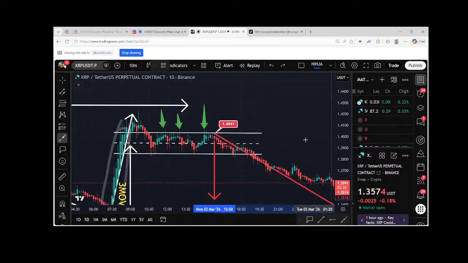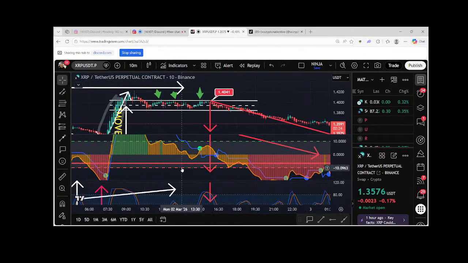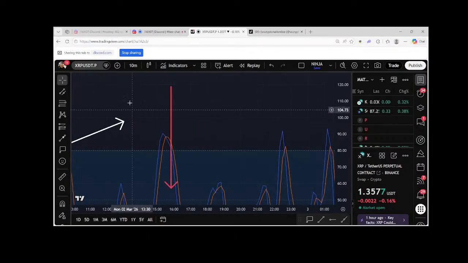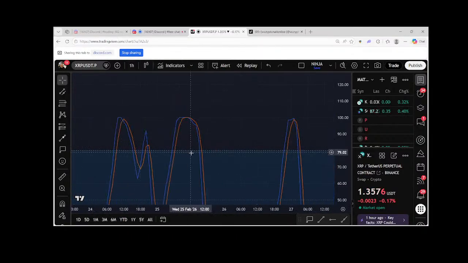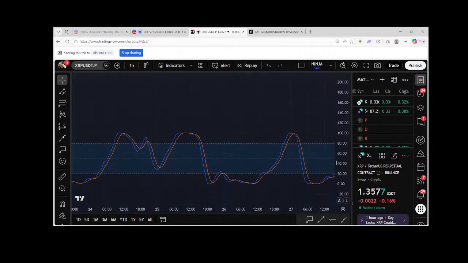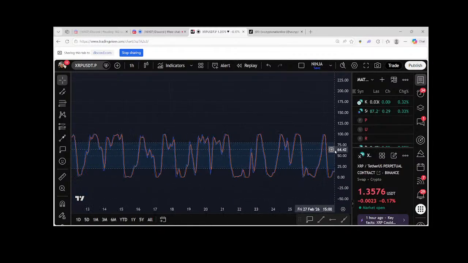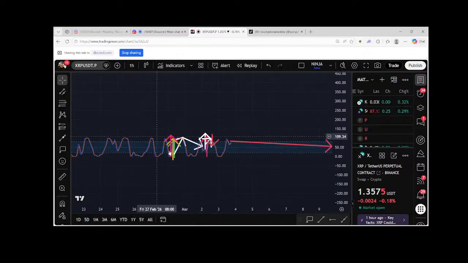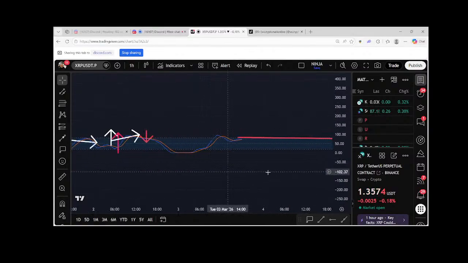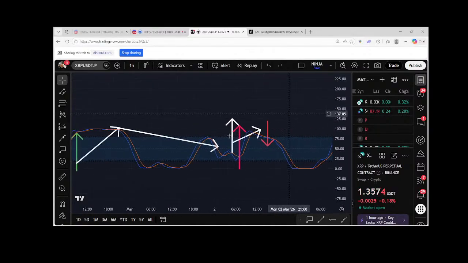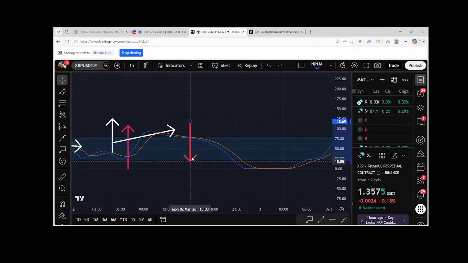Now let's go to the volume. Let's go down to the RSI. So now if we go to the RSI, let's look at the 1 hour. Let's find this down moon. See how the arrow is going down here?